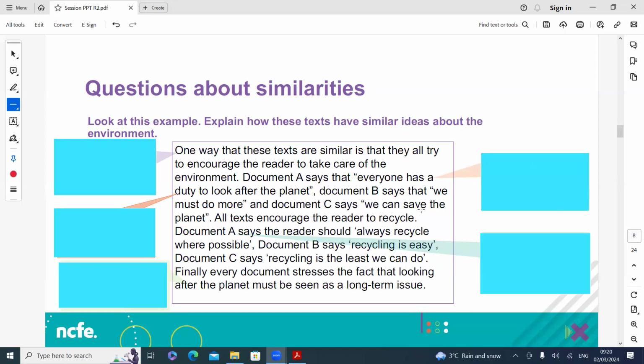But as you can see, they are short quotes. They are parts of a sentence or at the most a sentence. And that's all you'll be expected to include as a quote, just a part or at the most a whole sentence, nothing more. So short, precise quotes. Well done.